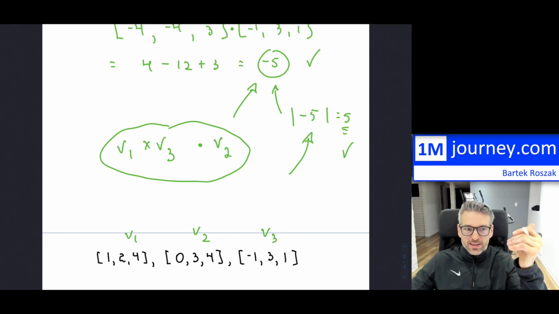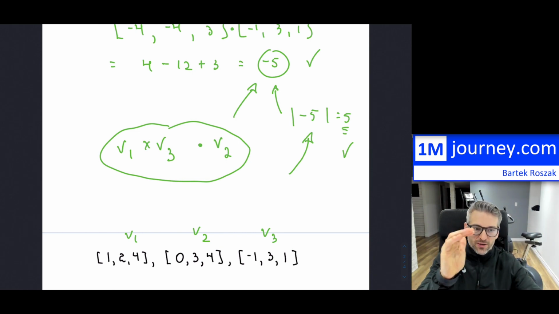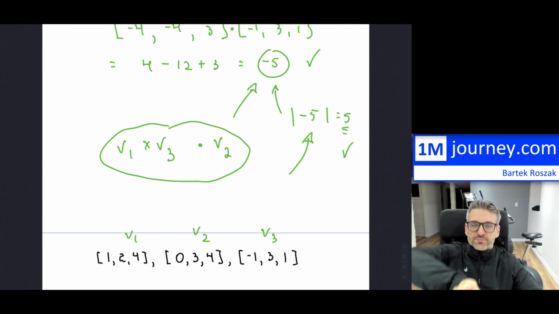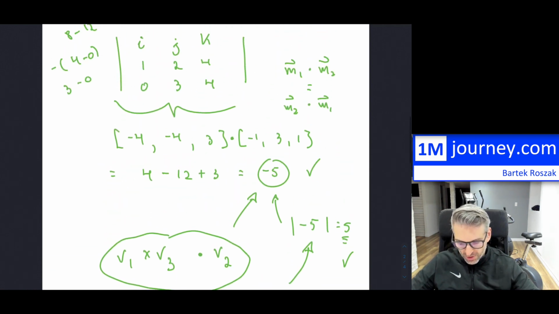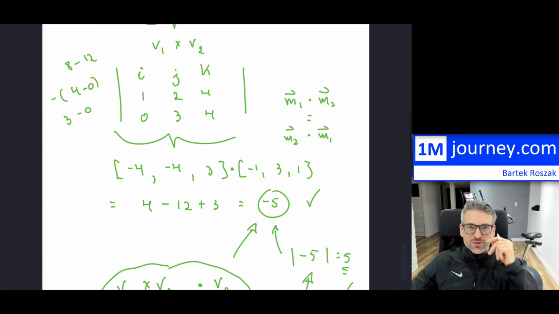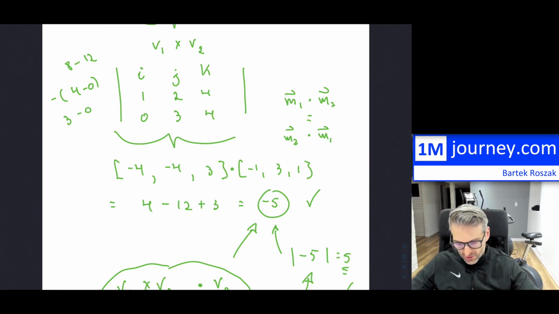It's either going to be this way, or it's going to be the other way. That's the only change that you have. But it wouldn't change your volume if you're taking the absolute value of your final result. Now, if you are just measuring whether it's coplanar, all you're looking for is whether the result is 0 or not. As long as you get a non-zero, it just means it's non-coplanar.